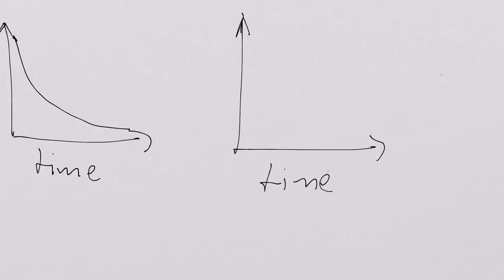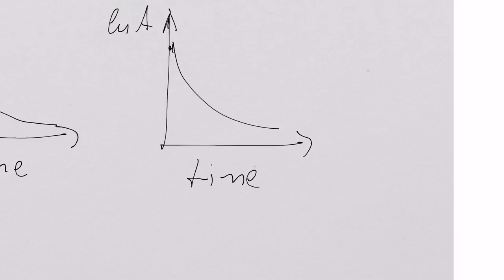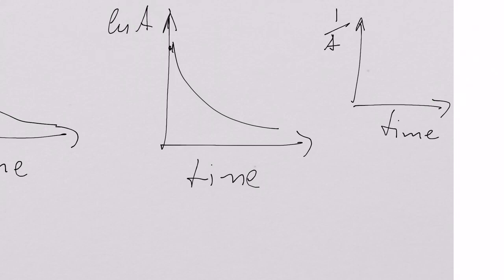Next try would be ln A over time. What can I say? It's not a zero order, and it's not a first order reaction. Okay? Next try. Time versus 1 over A. I get that. So what do I know? It is a second order reaction with this particular type of A plus A. Yeah?